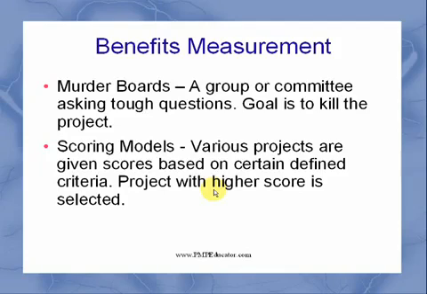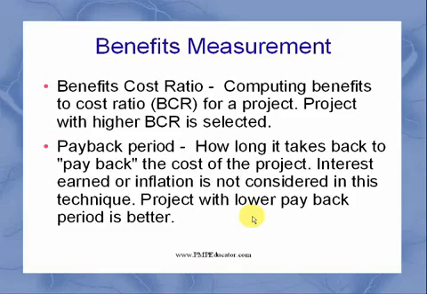The benefits cost ratio is to compute the ratio of benefits to cost. If it costs less and the benefits are higher, then the project with the higher BCR, or benefit cost ratio, is selected.